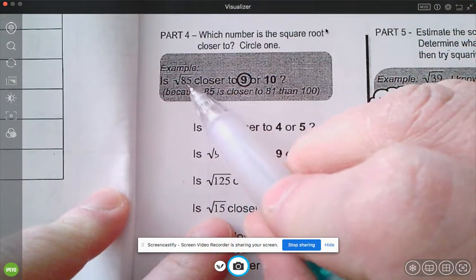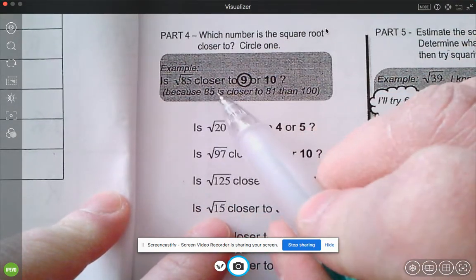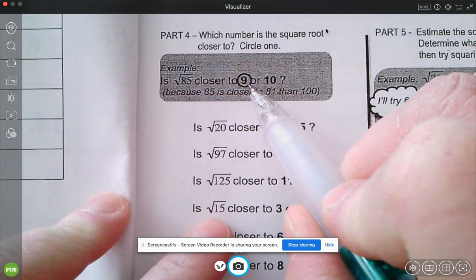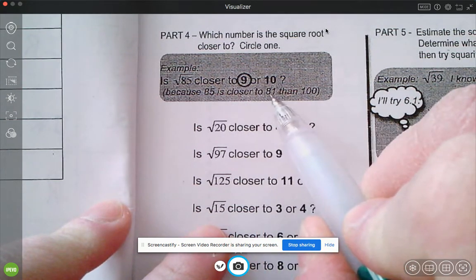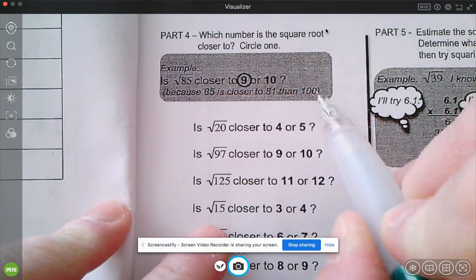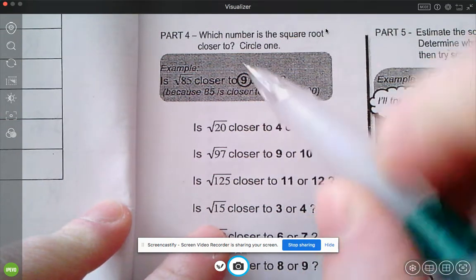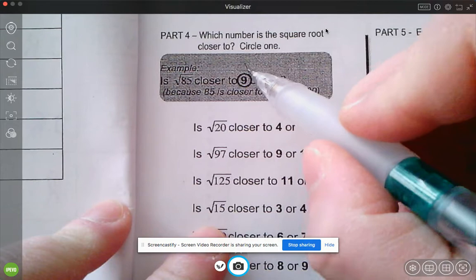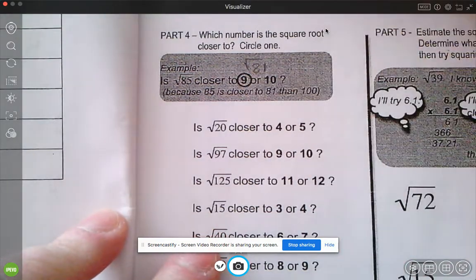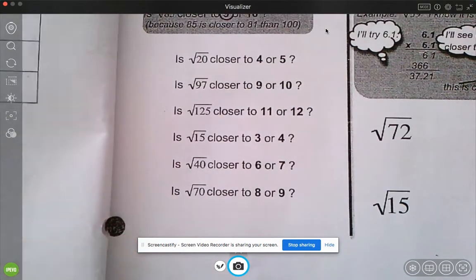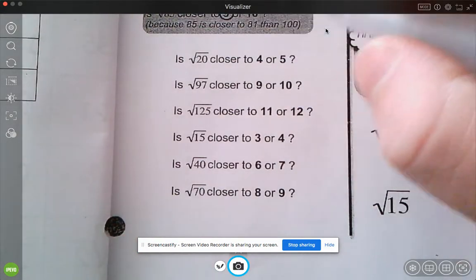The square root of 85 is closer to 9, because 85 is closer to 81 than it is to 100, and the square root of 81 is 9. So let's do every other one, and then you can talk about the other ones.